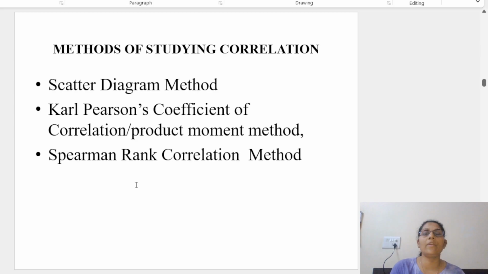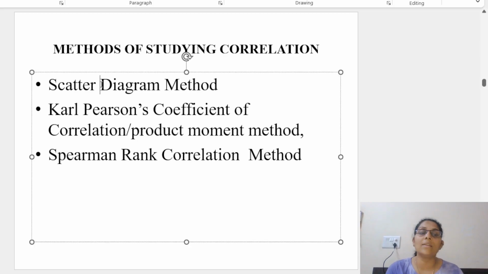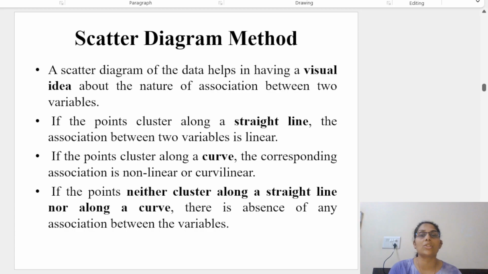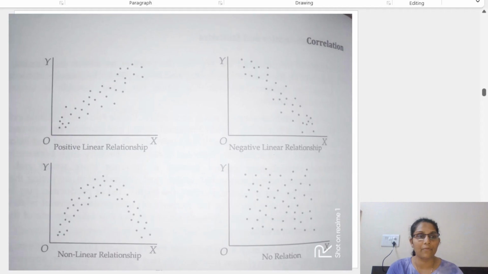Now, whenever we are using Karl Pearson or Spearman, definitely our first step will be to check with a scatter diagram whether there is a linear relationship or not, because if the relationship is not linear, then we cannot go for correlation. So how can we tell from the scatter diagram whether there is a linear relation or not? Let me show you one diagram for that.